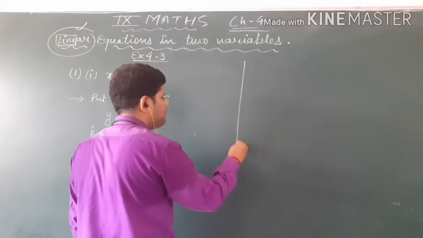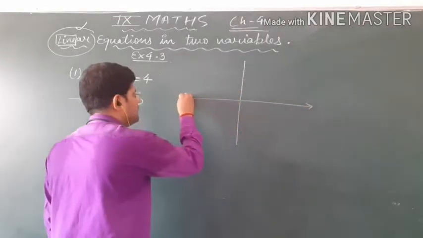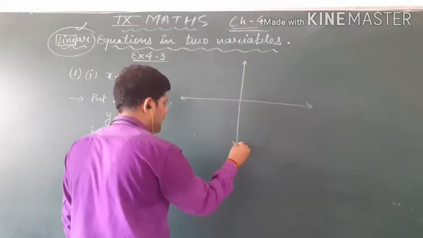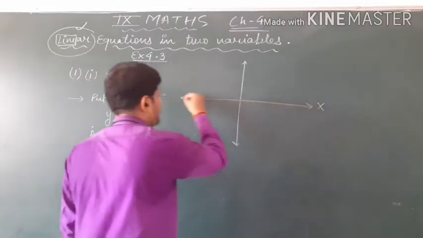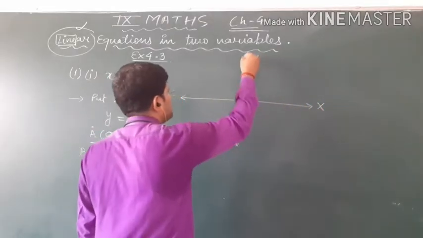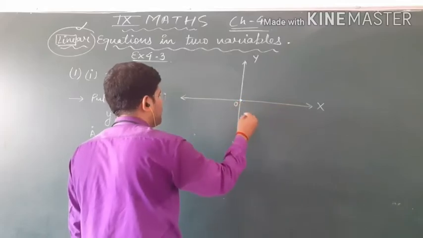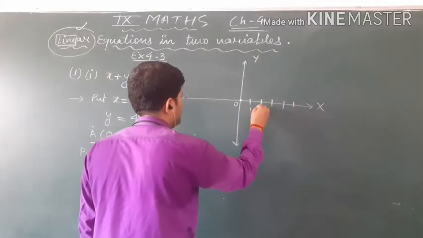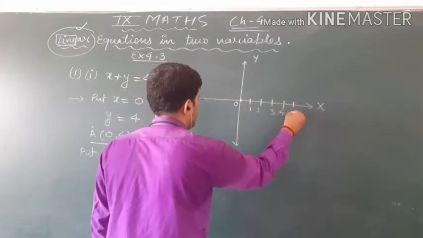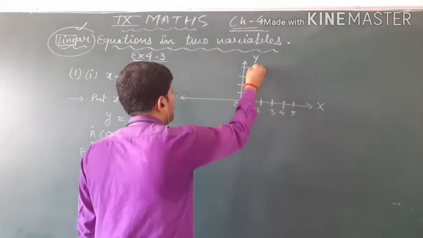What type of graph? We have to make the coordinate geometry, the full Cartesian plane, and you know that it has the x-axis, which is the horizontal line, and the y-axis, which is the vertical line. Both intersect at 0 or O. We put positive numbers on the right-hand side, 1, 2, 3, 4, 5, and positive numbers upward, 1, 2, 3, 4.